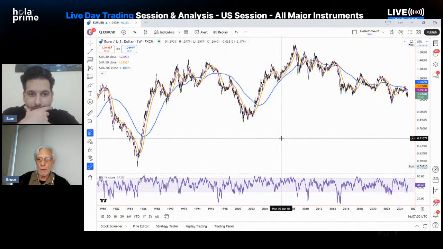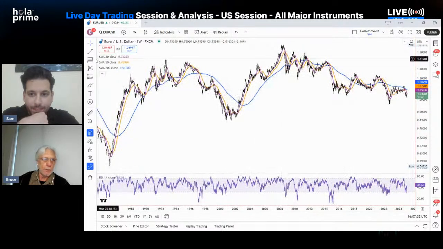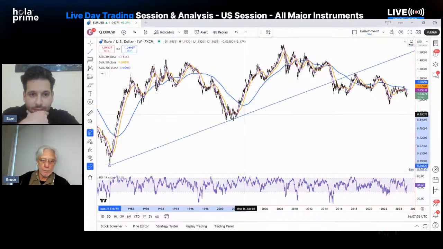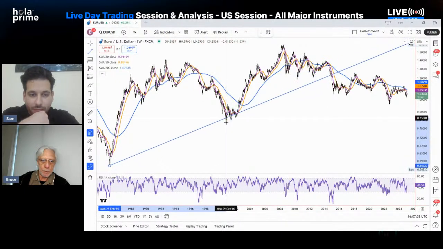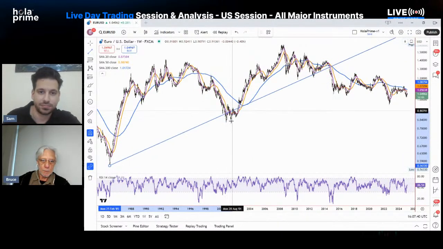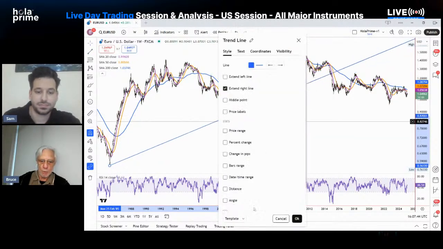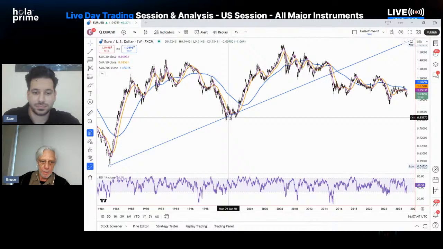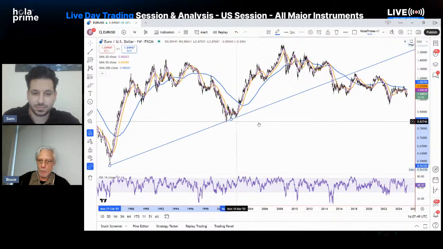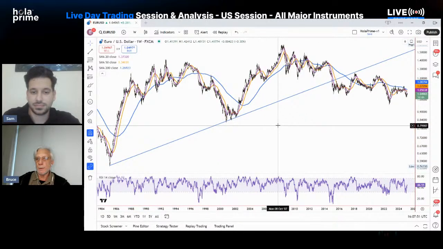So if I go all the way back here, we could see this, right? If I wanted to start doing some analysis on this, I would start drawing some lines. I have no preconceived idea at this point. This is the important part to understand too: I don't have anything I want to do with EUR/USD. I have no idea.